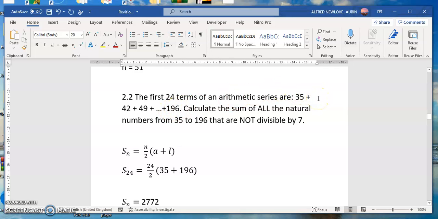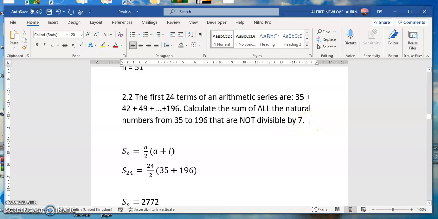Remember, natural numbers are 1, 2, 3, 4, 5, 6, 7, 8, 9, etc. So from here, like 36, 37, etc. Alright, because the question is looking for the sum of all natural numbers from 35 to this that are not divisible by 7.